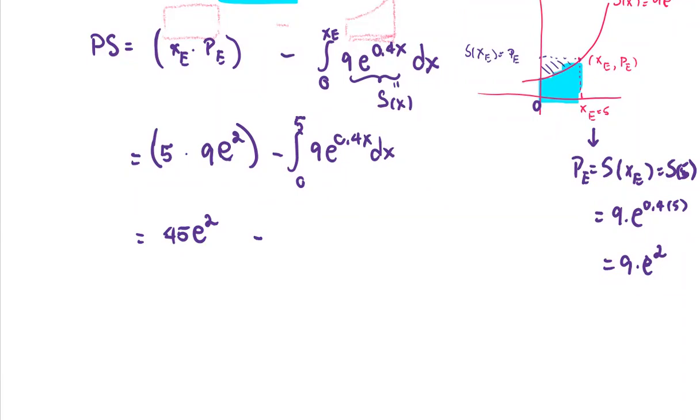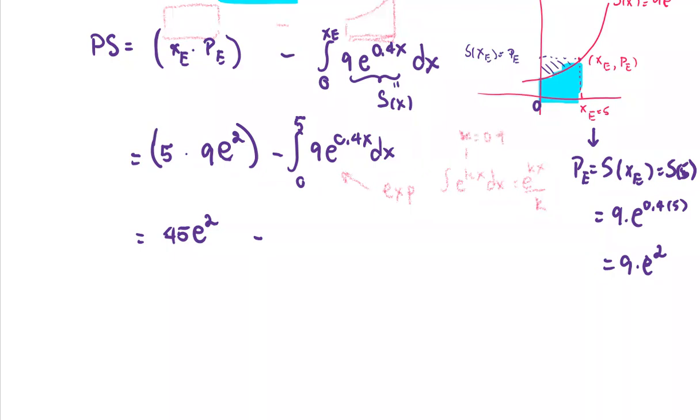The antiderivative we're going to use is the exponential rule. The integral of e to the kx with respect to x equals e to the kx divided by k. What is our k? The k in this part is 0.4.